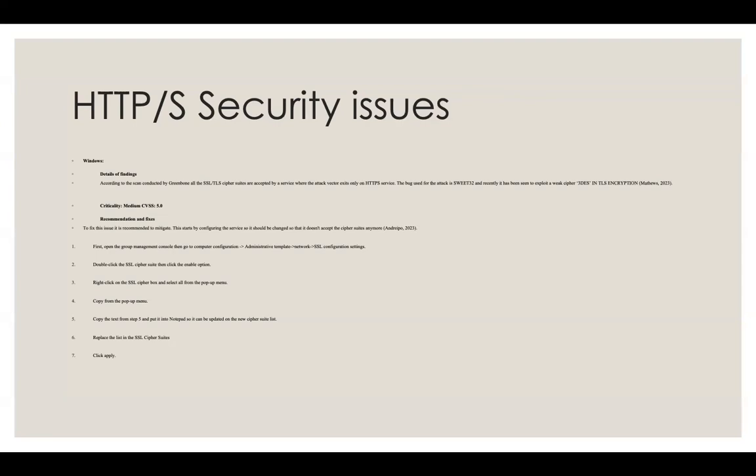So the criticality for this one is medium, CVSS, and to fix this issue, it is recommended to mitigate it by configuring the service so it doesn't accept any weak cipher suites anymore. And here are the steps for configuring the service on the Windows server.